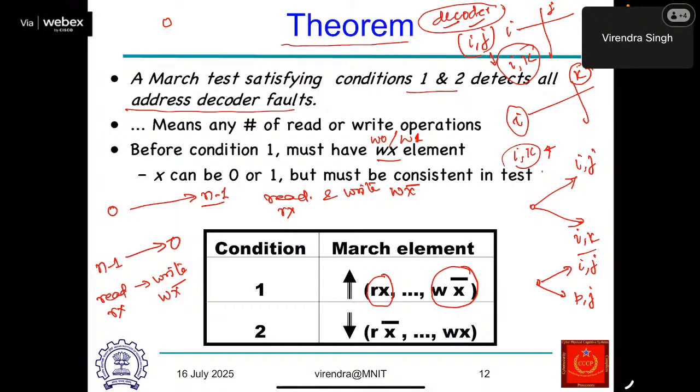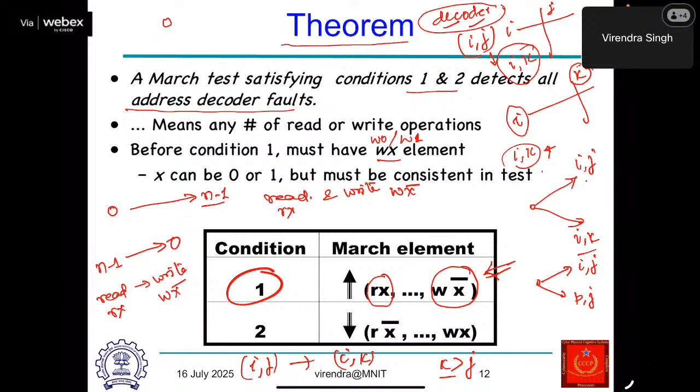The first condition says that if, in place of ij, it maps to ik, and k is greater than j, then condition 1 will capture that.